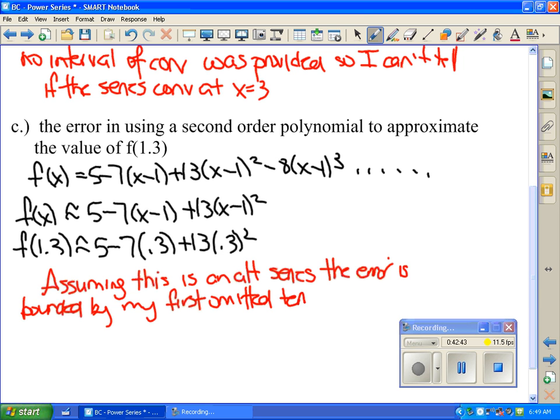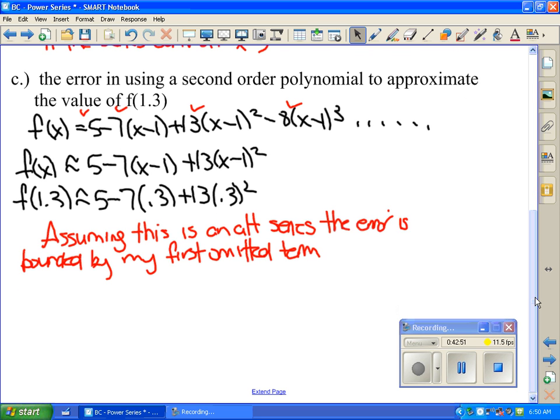Now, I'm saying assuming because if you notice it goes positive, negative, positive, negative. So if I can assume that this is an alternating series, my error is bounded by the first omitted term. So my error is less than or equal to the first omitted term, the absolute value of 8, x minus 1, which is 1.3 minus 1 cubed.